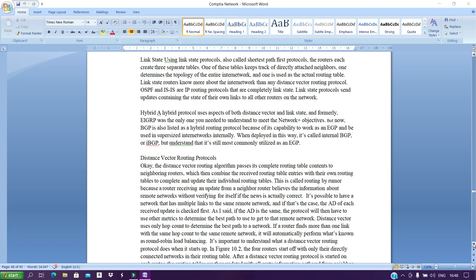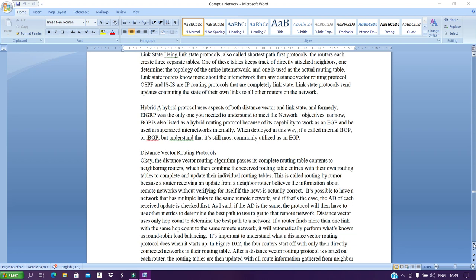When deployed in this way, it's called Internal Border Gateway Protocol, or IBGP, but understand that it's still most commonly utilized as an exterior gateway protocol.